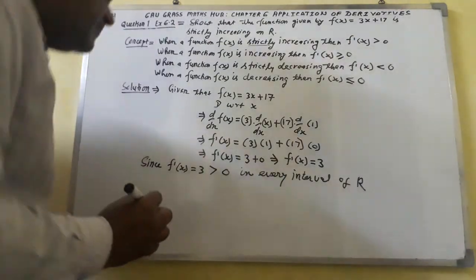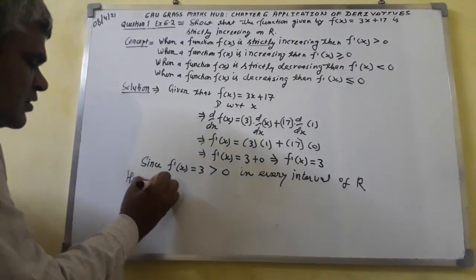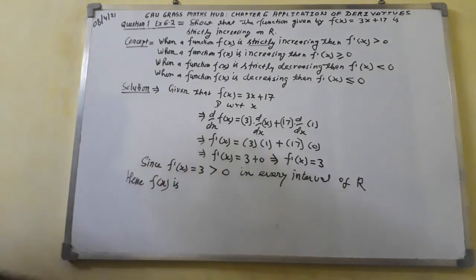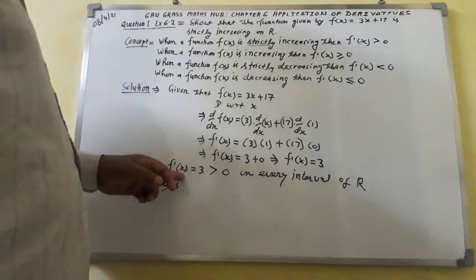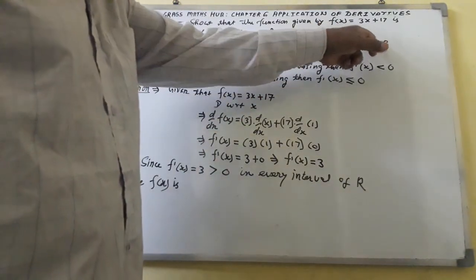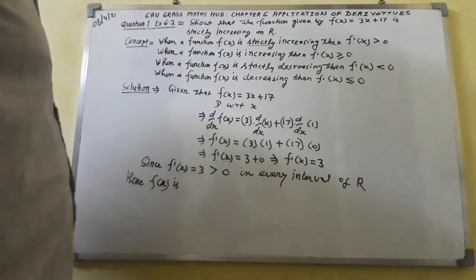That's why, hence, f dash x is greater than 0. So here you can see f dash x is greater than 0. This means concept number 1 I shall use here.